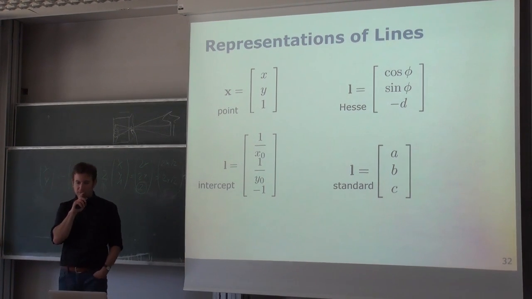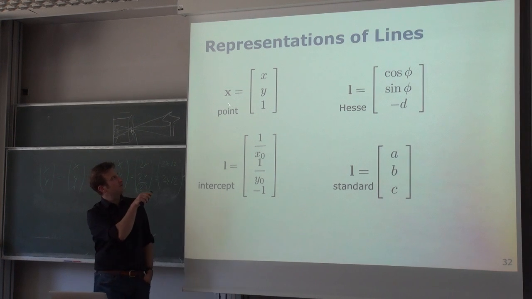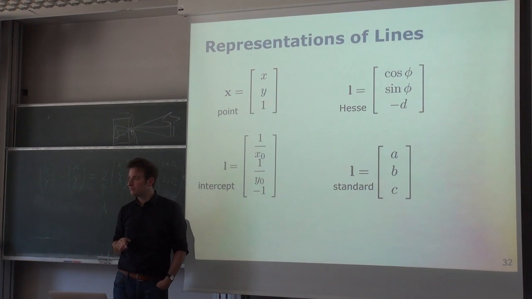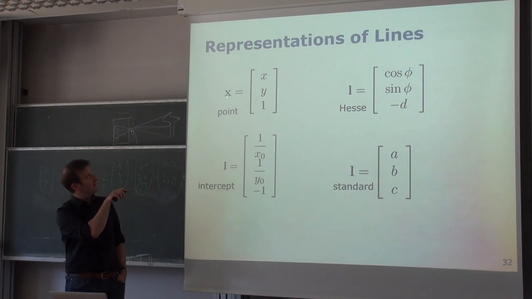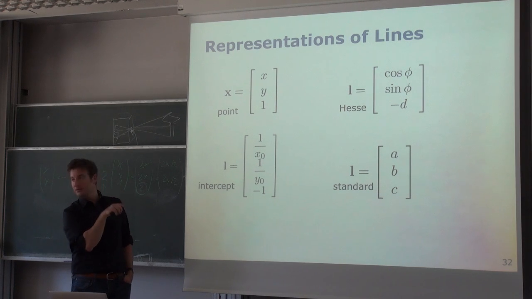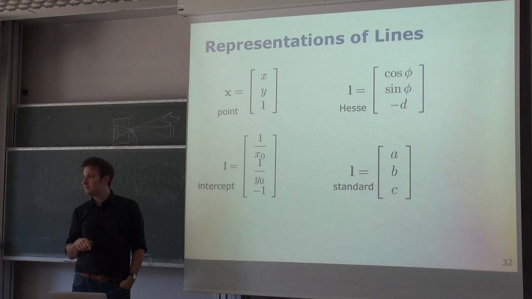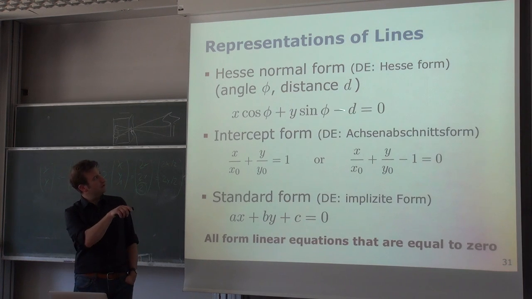What I can now do is take this point and compute the dot product with one of those representations. So I say x dot L, I compute it, and that gives me x times cosine phi plus y times sine phi minus d. That looks pretty similar to this one.